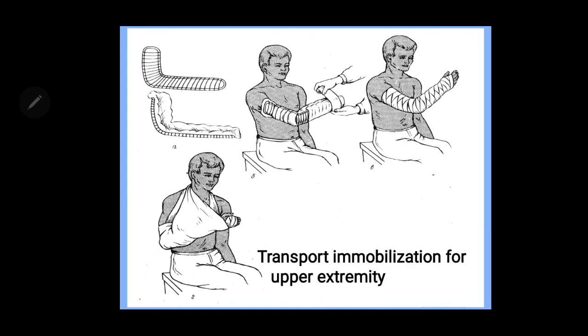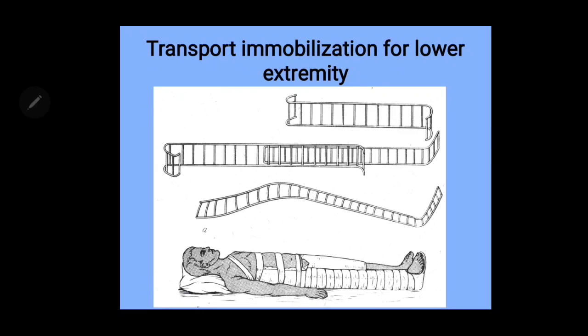Next image shows you that if you don't have a splint, you can use a sling to support this limb. It can be used for forearm fractures, it can be used for fractures of humerus. On this slide you can see that these Kramer wire splints can be used for lower extremities as well.